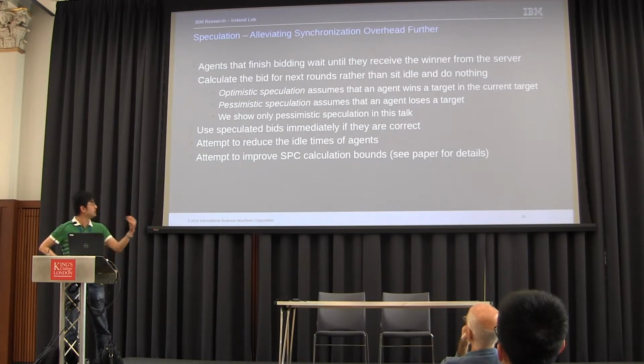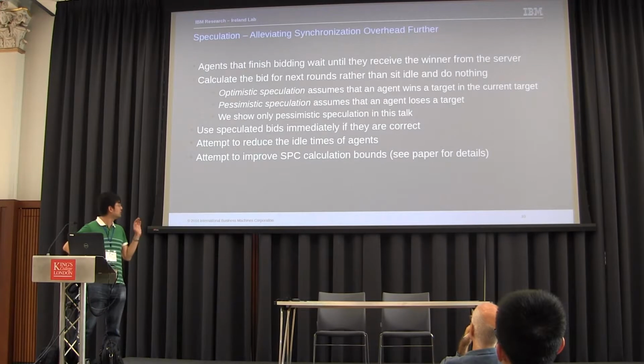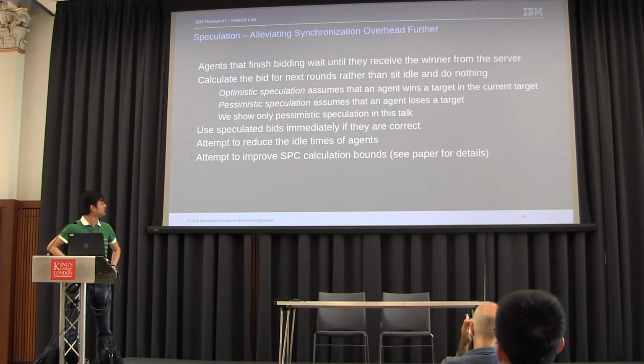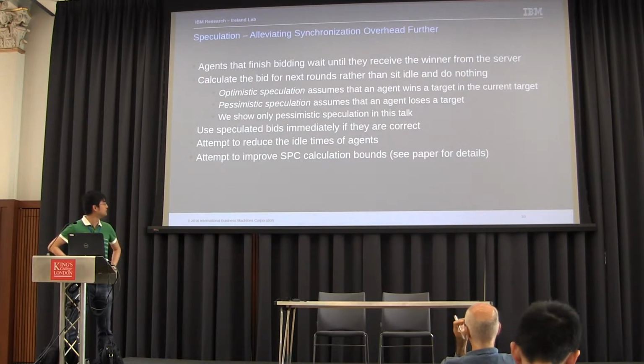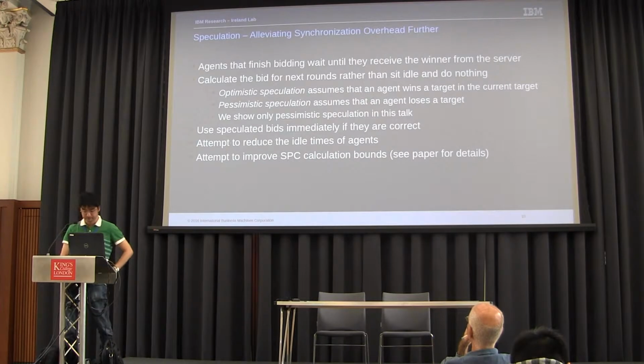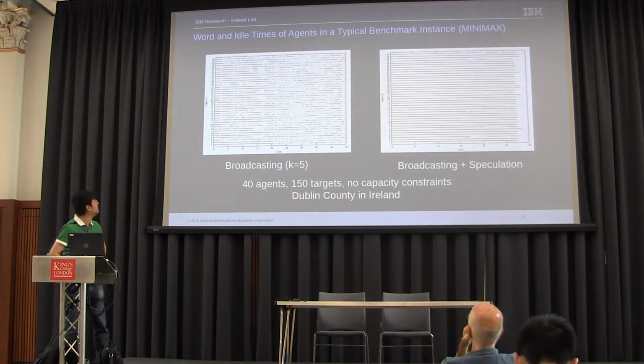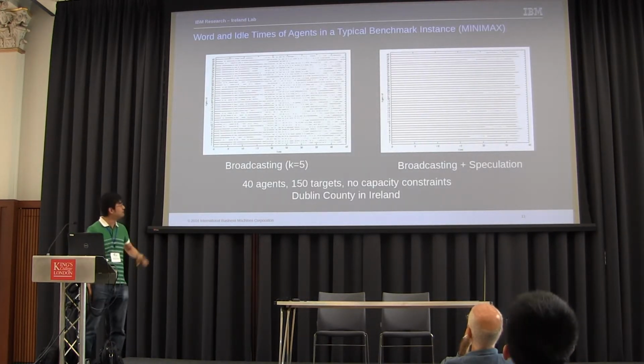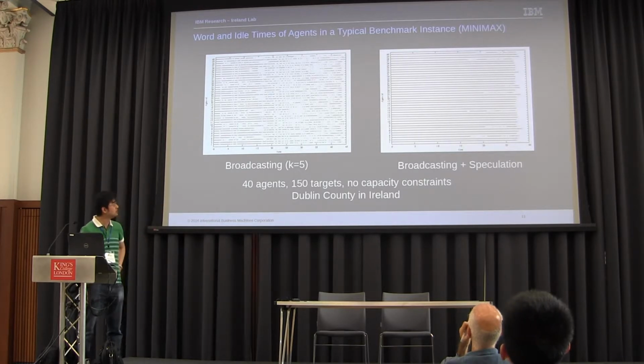By doing that, the speculation attempts to reduce the idle time of the agents, and it also attempts to improve the calculation bound. Finally, we get the result in terms of idle time for minimums.